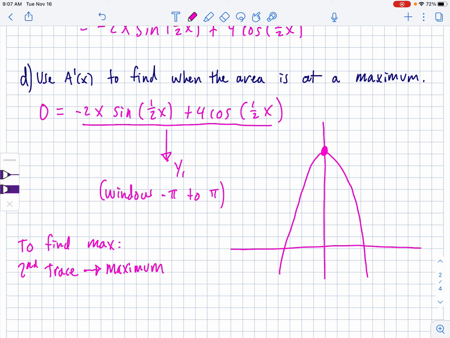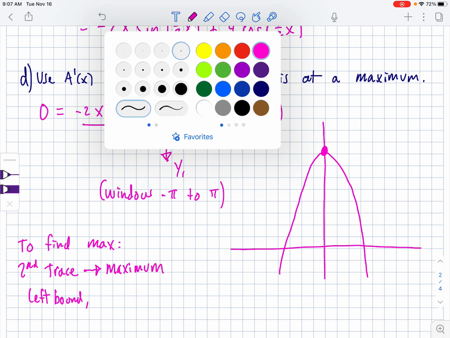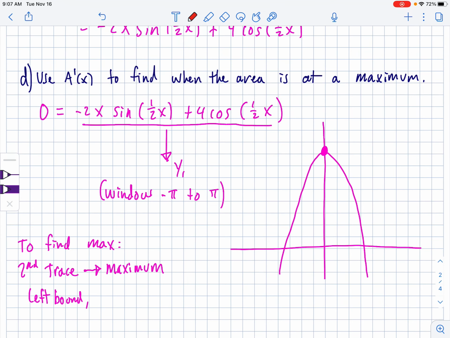The first one is left bound. So the left bound, you have to pick a place, like use the arrow keys to pick a place that's to the left of the curve. So if I'm looking at my graph over here, you've got to put your left bound somewhere over here.